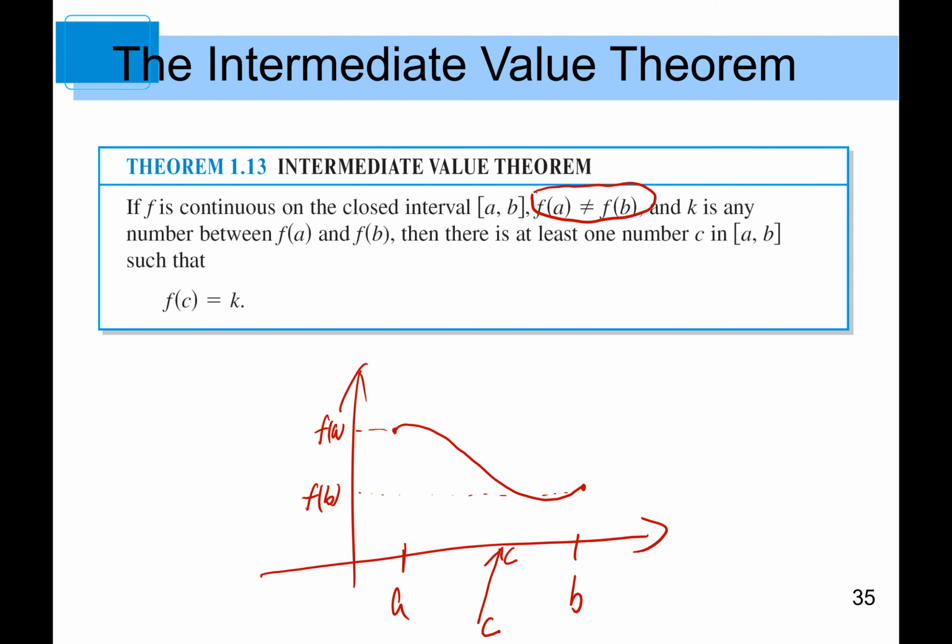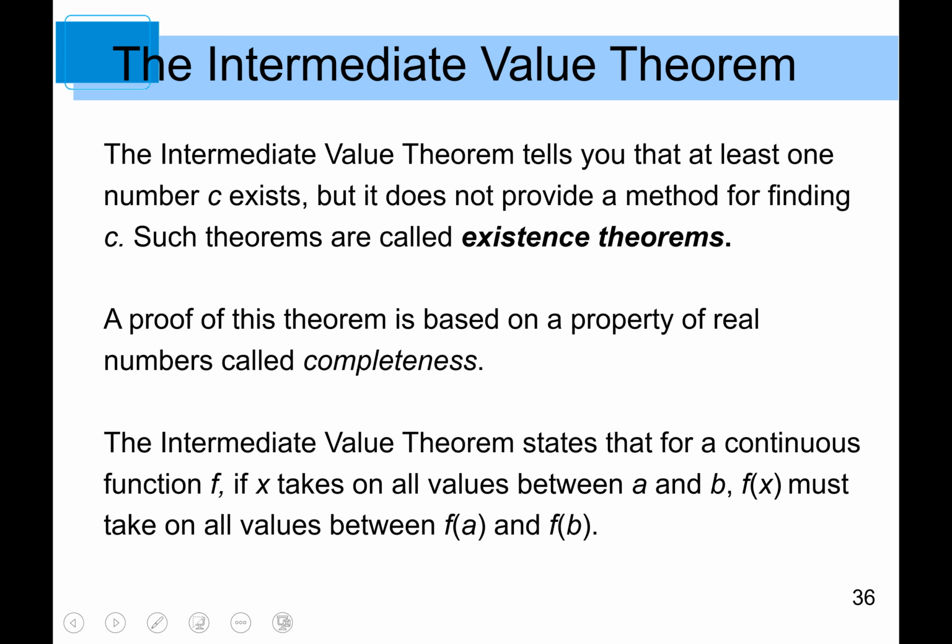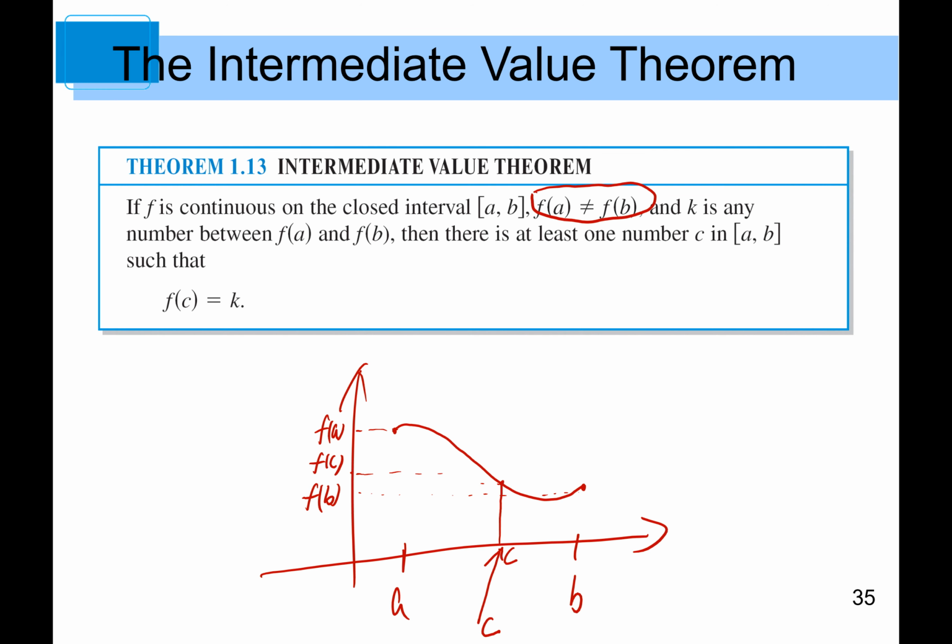We know that f of c is between them. Since c is greater than a and less than b, then f of c is greater than f of b and less than f of a. And since f of c equals k, k is greater than f of b and less than f of a.